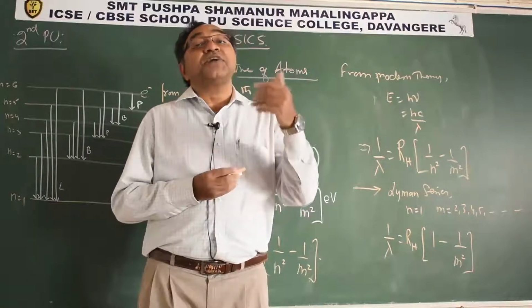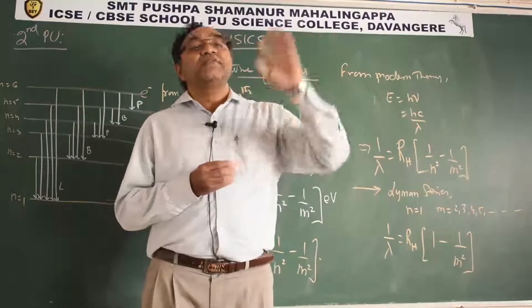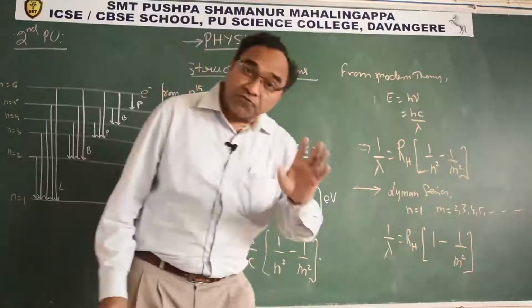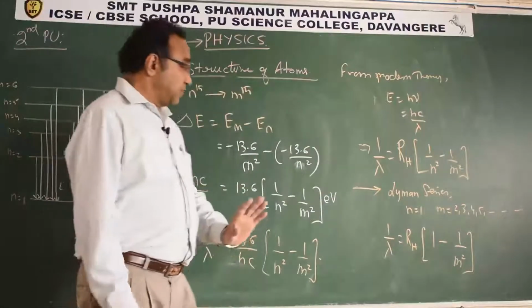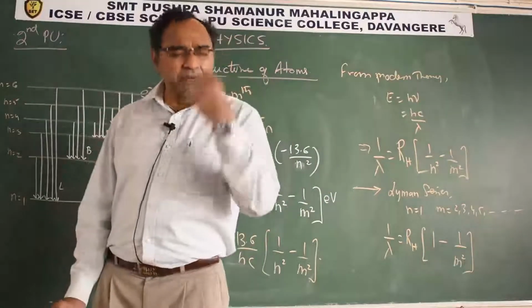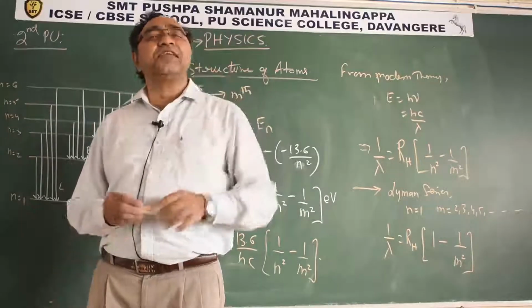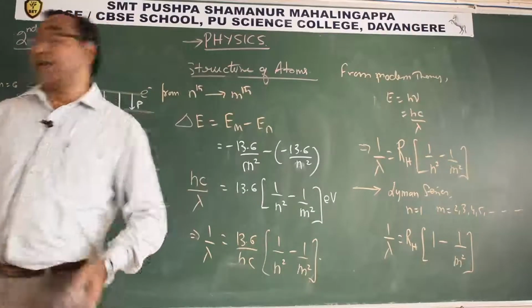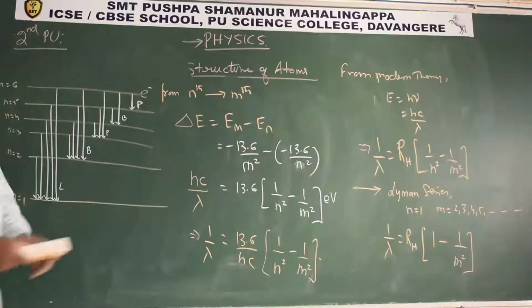Which is the shortest wavelength in the Balmer series? That type of questions are very common. Students, understand this. I will show you how to find, be it Lyman, Balmer, Brackett, Pfund, Paschen, any series, how to estimate longest and shortest wavelength.